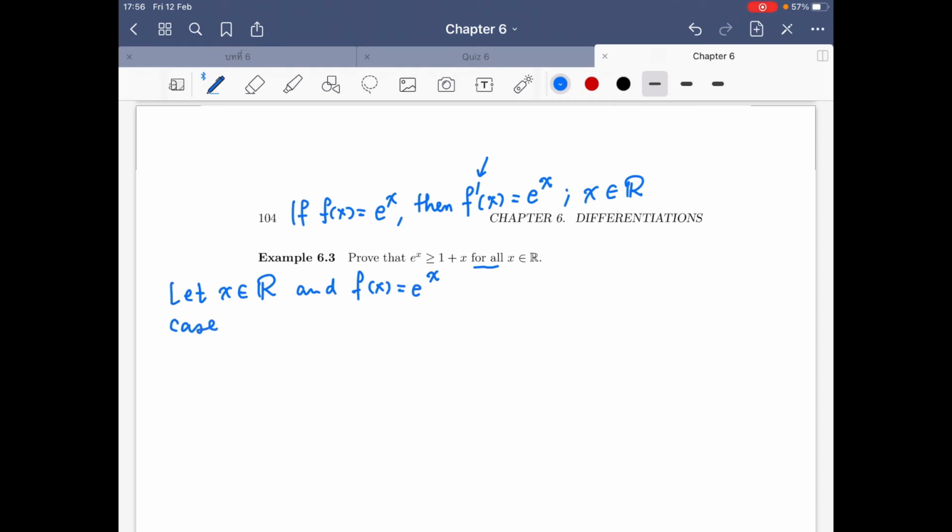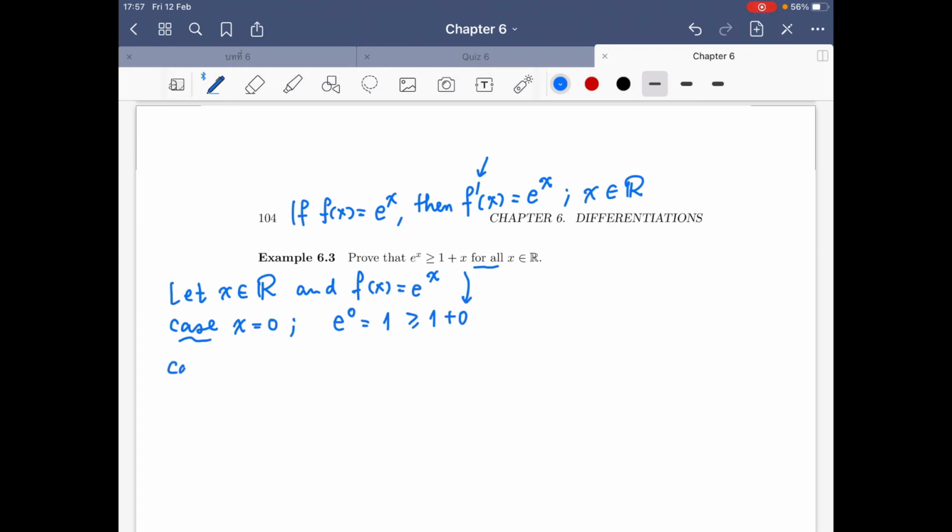For the first case, which is the easiest one, x is 0. So we know that e to the 0 is simply 1, which is greater than or equal to 1 plus 0, which is 1 plus x, where x is 0. So this one is the case where equality occurs.